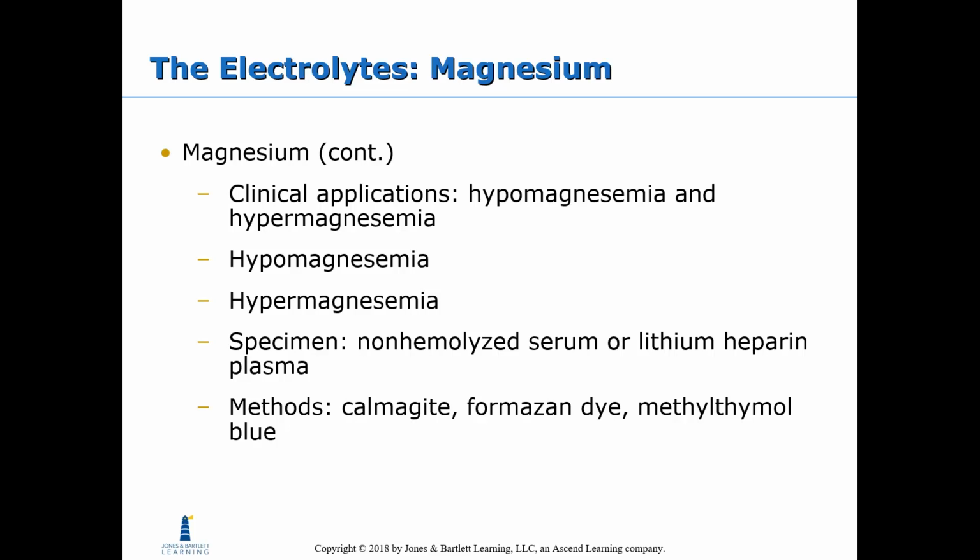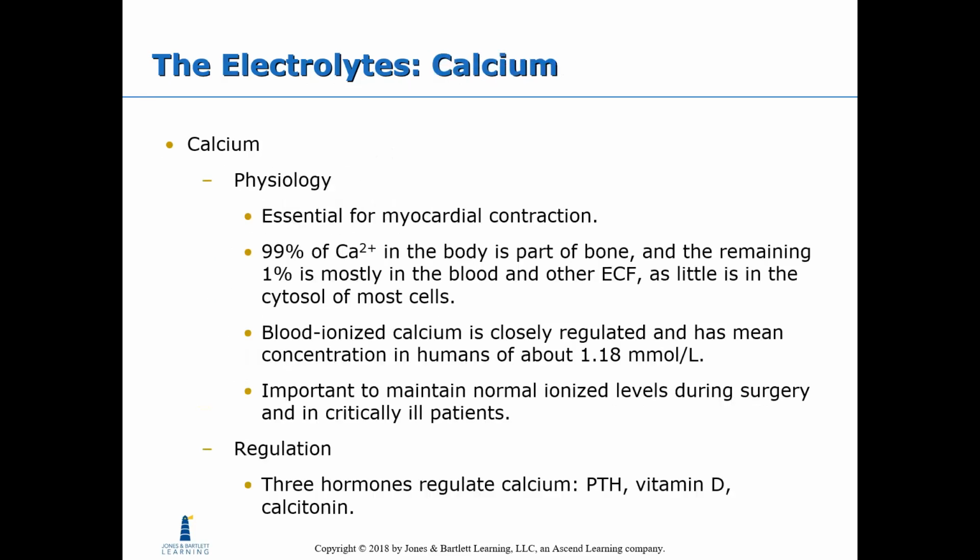Hypomagnesemia is not enough magnesium; hyper is too much. To evaluate levels, we need a non-hemolyzed serum or lithium heparin plasma. Methods: Calmagite, formazan dye, or methylthymol blue.